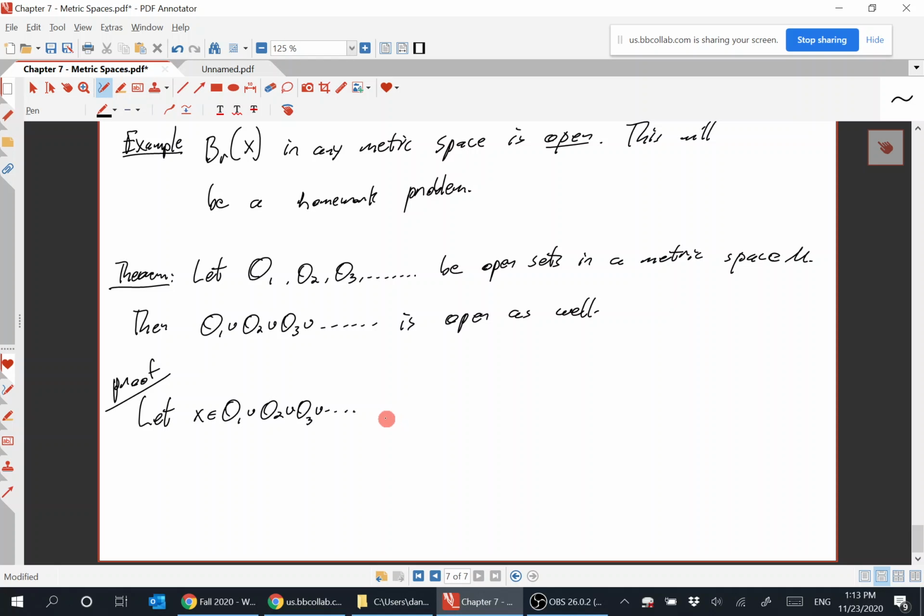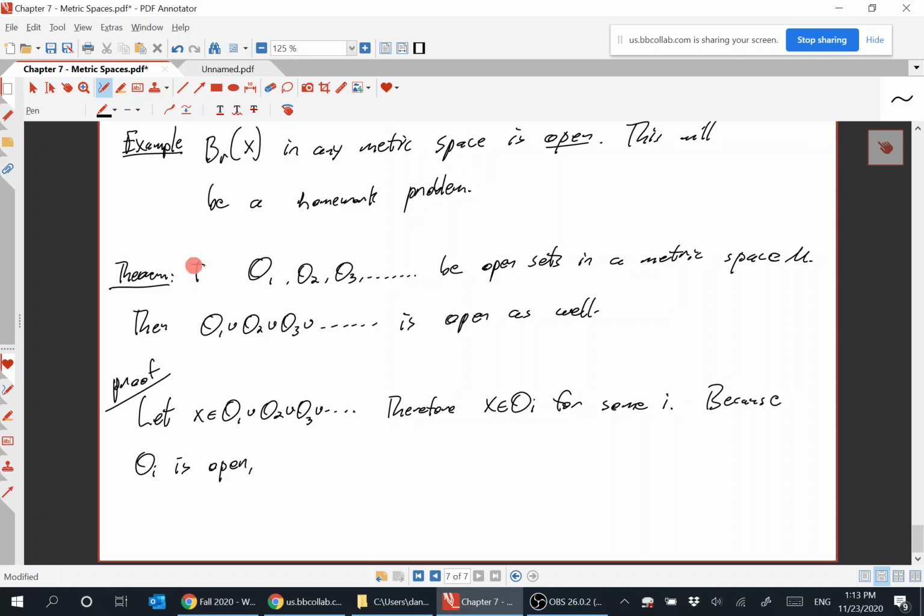Therefore, x is an element of O_i for some i, because O_i is an open set by assumption.